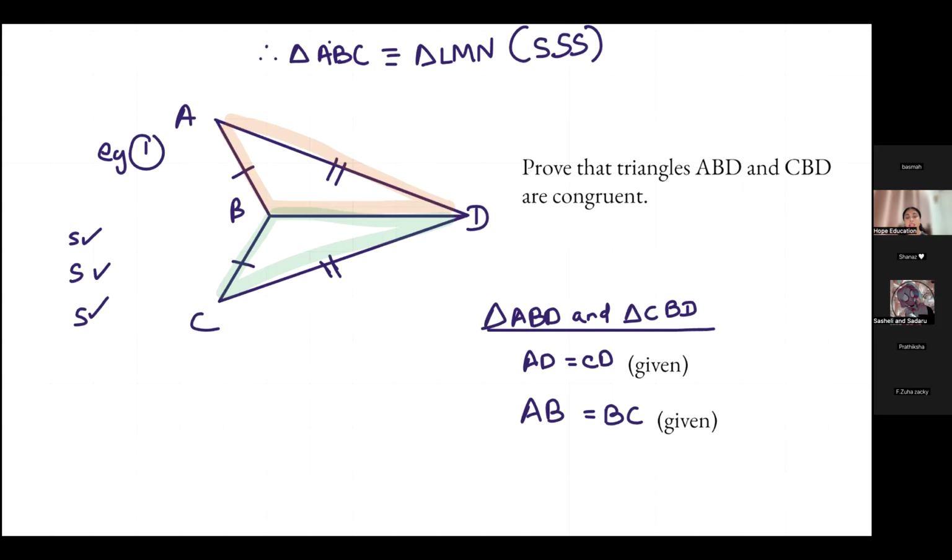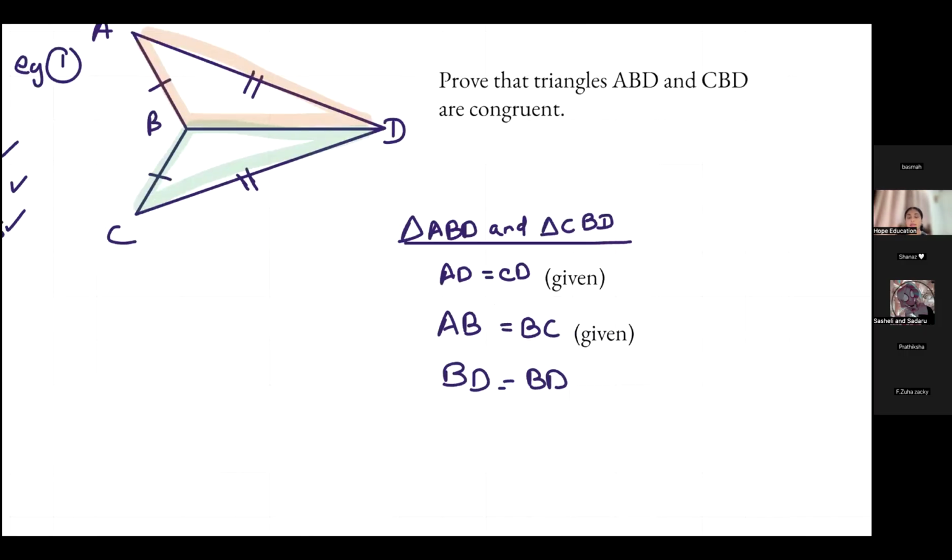Then if you take the side BD, BD equals BD, and as you correctly said, it's the common side. Therefore, we can say triangle ABD is congruent to triangle CBD under the SSS case.